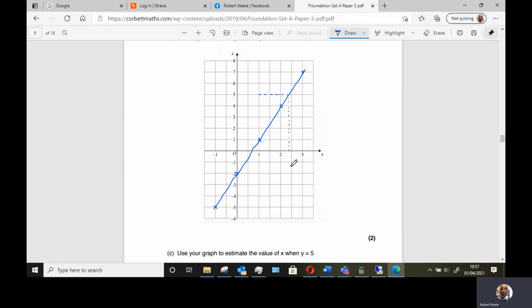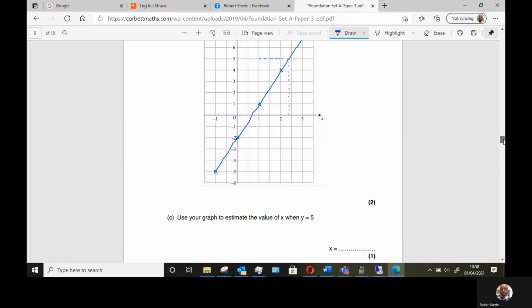So your estimate, that's 2, that's 3, that's 2.5. It's definitely nearer to 2.5 than it is to 2. So my estimate, I'm going to go with 2.4.